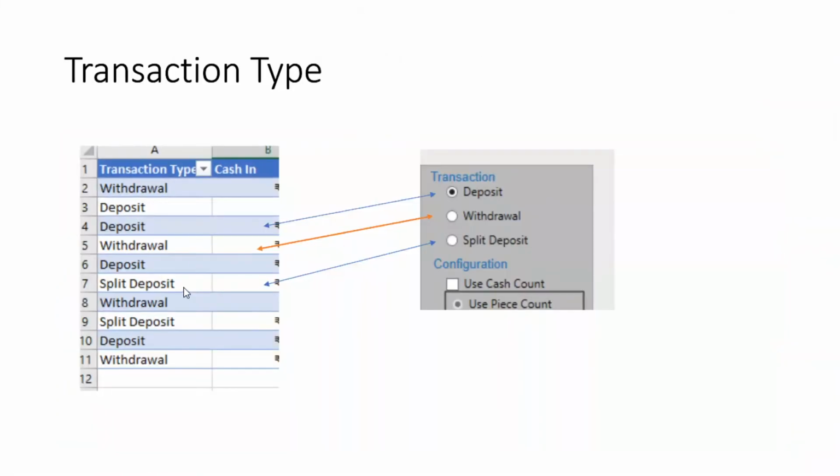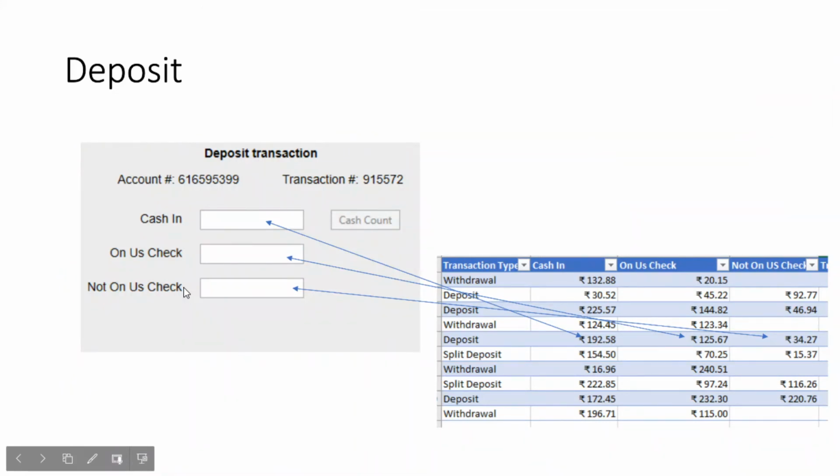Okay, so you can see from where this data would be put into. As the column of the Excel file itself denotes, if it is a deposit transaction, then it will take data from this column, cash in, and put it into the cash in field of the application. And if it is on us check, then it will take data from this on us check column and then put it into the field of the application.